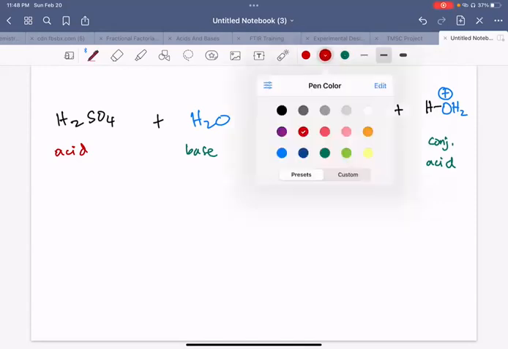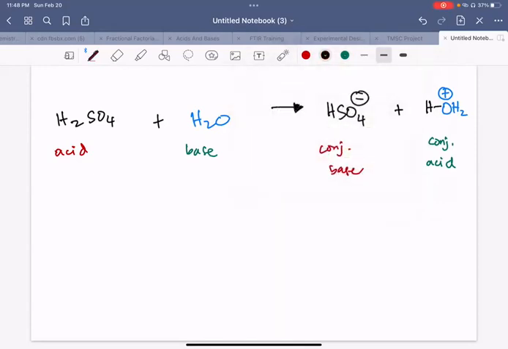That is why water tends to have this solvent leveling effect, to hinder any strong acid that is stronger than its conjugate acid.